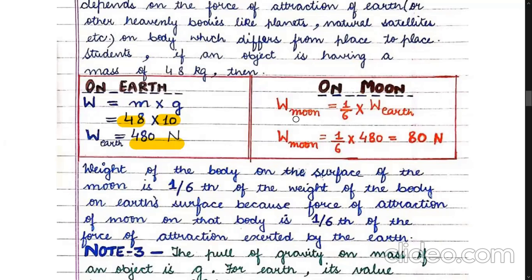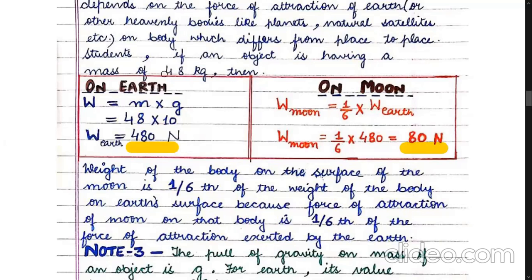While weight on moon, since gravitational force is 1/6, will be 1/6 of weight on Earth. So whatever your answer was on Earth, 480 Newton, on moon the weight of that object will be 480 divided by 6. That is 80 Newton.